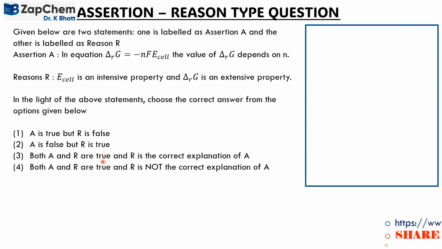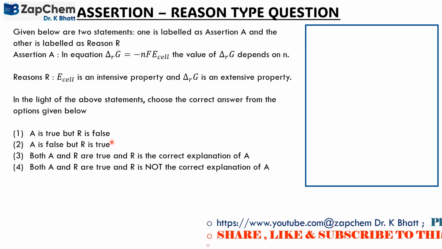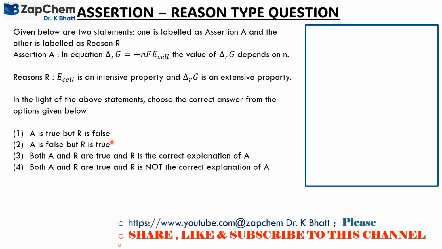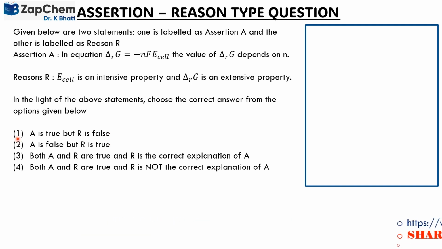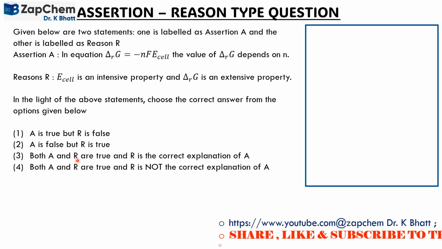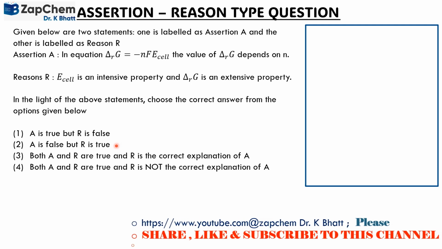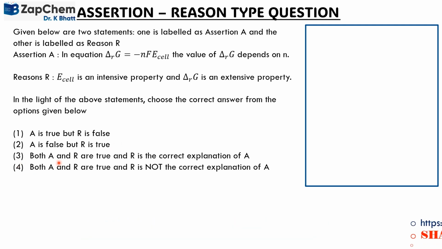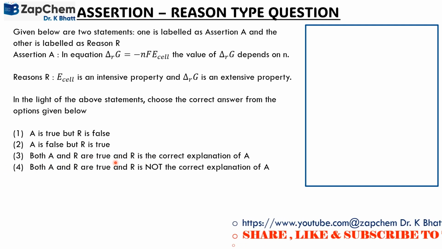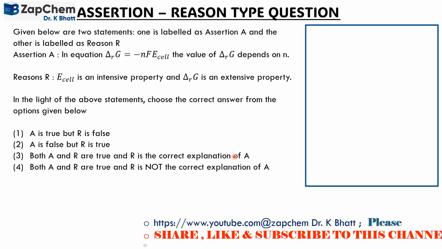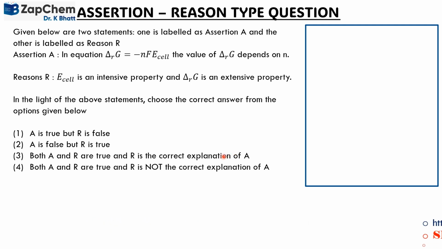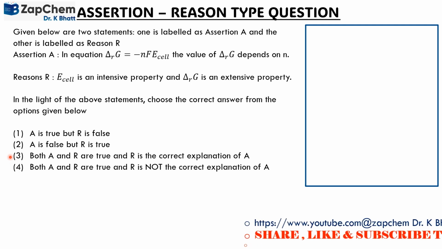Now look at the options here. Option 1 says A is true but R is false. No, it's wrong. This option is not applicable because both are correct here. Similarly, 2 is also wrong. Third option, of course, we have to consider more carefully, and that is A and R are true, and R is correct explanation of A. No, it's not a correct explanation of A, and therefore this is also incorrect.